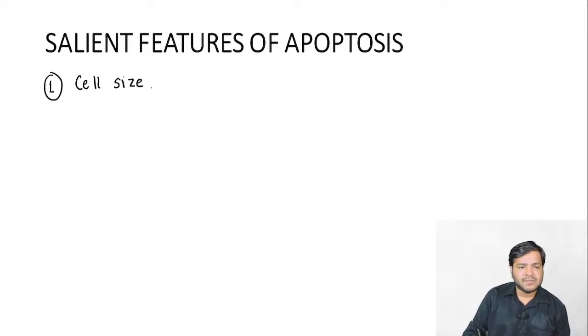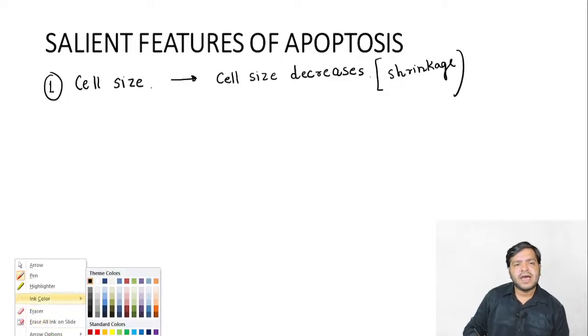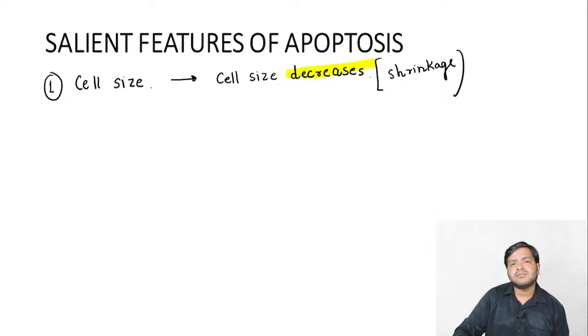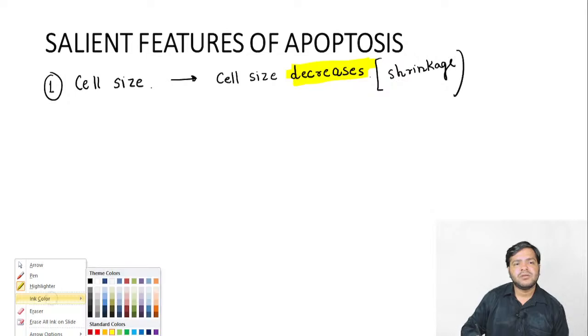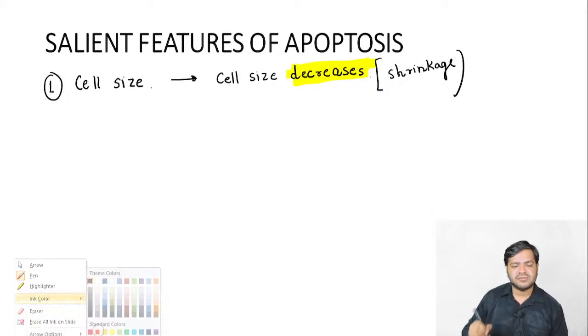It decreases. The cell size decreases, and it is referred to as shrinkage. You will highlight this particular word, that the cell size decreases in case of apoptosis.